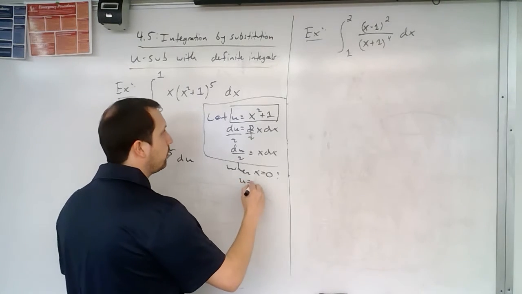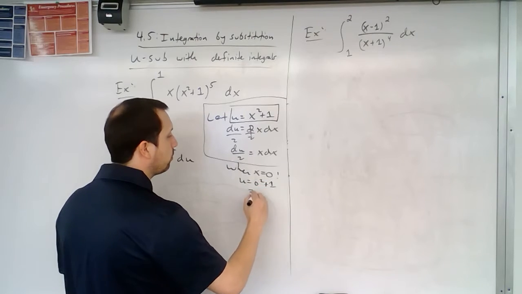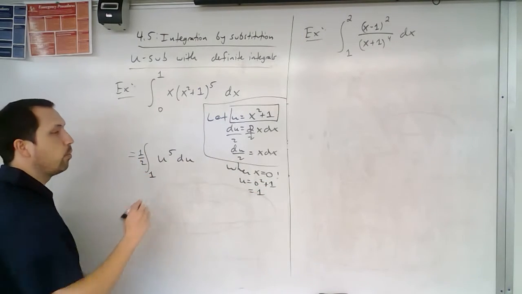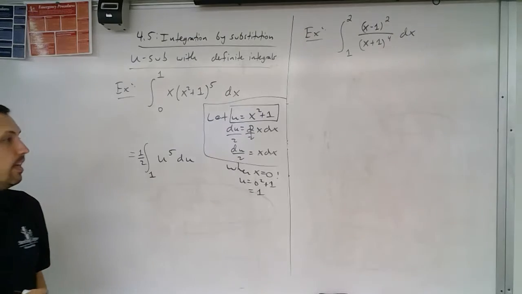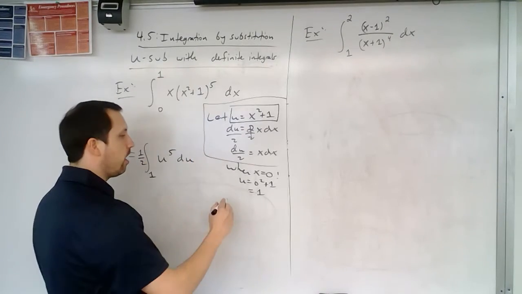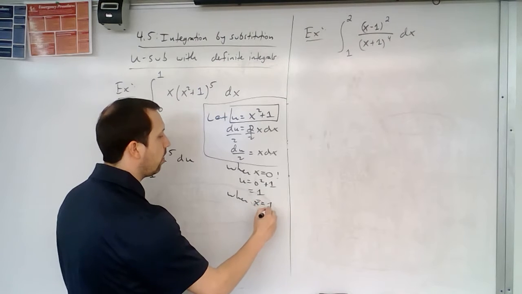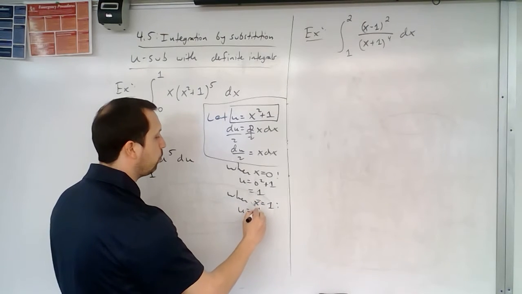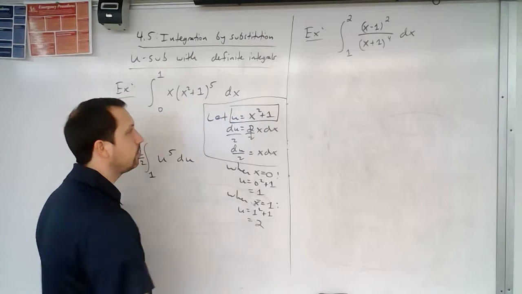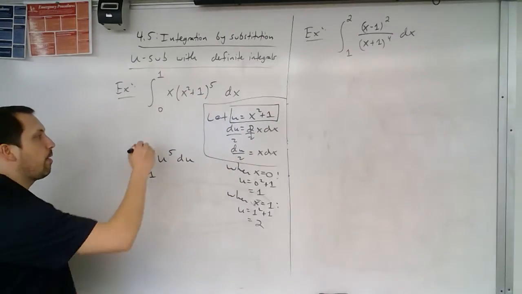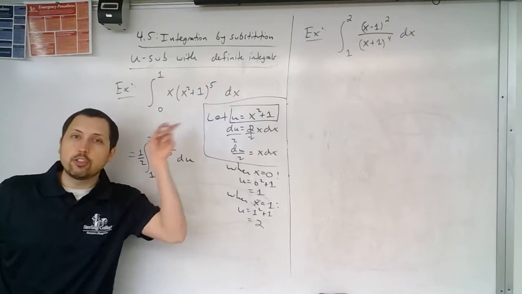So u is going to be equal to 0 squared plus 1, which is equal to 1. So I now put a 1 there. And then when x is equal to 1, u is equal to 1 squared plus 1, which is equal to 2. So again, I just plug that in. So now I go from the integral from 1 to 2 of u.